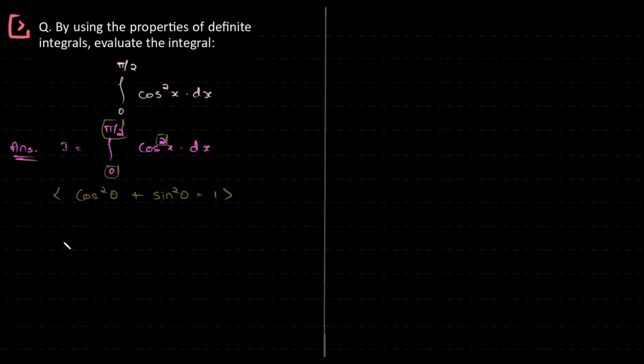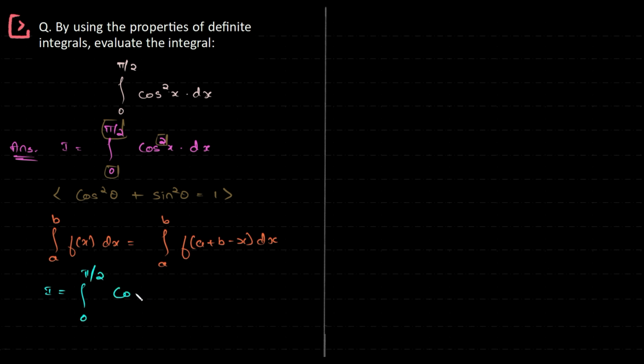So, integration of a to b f of x dx is the same as integration of a to b f of a plus b minus x dx. So we need to write the property. They mention the number, but my suggestion is write the property out.